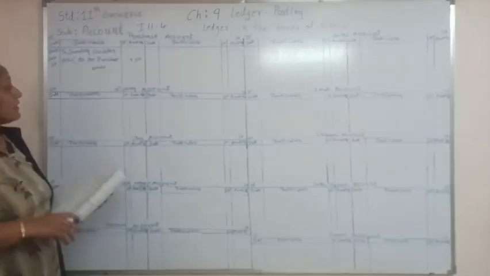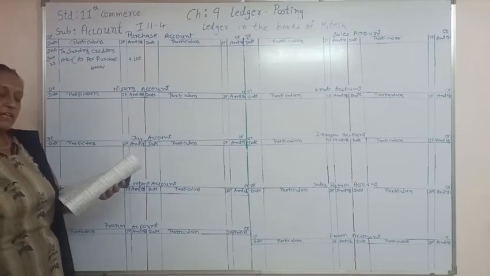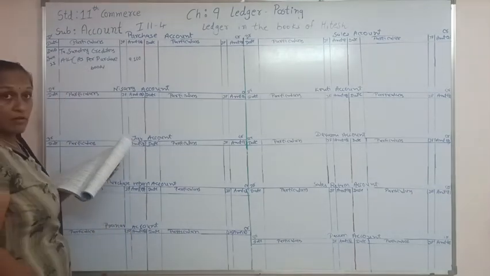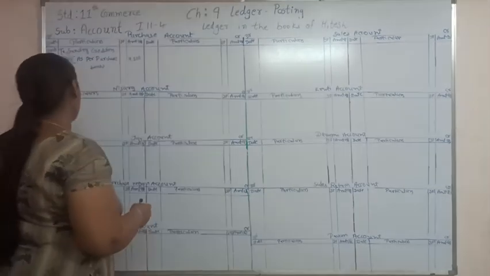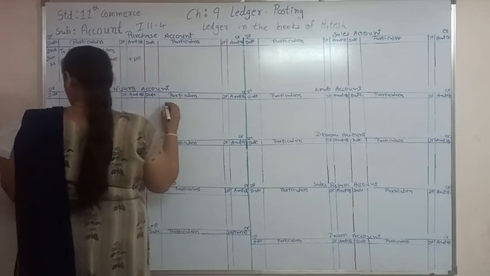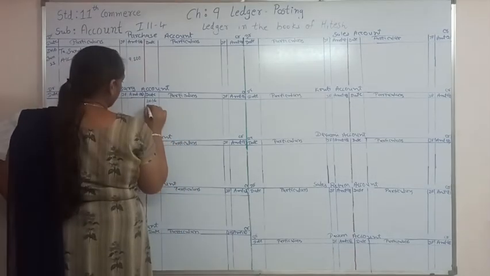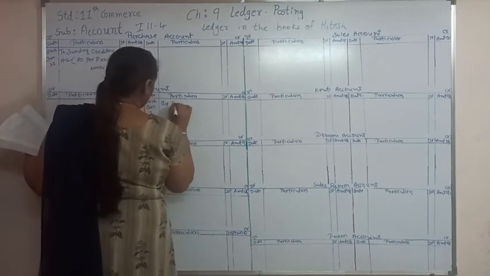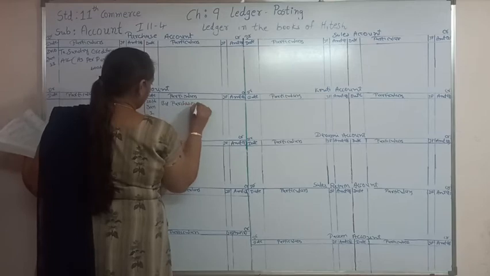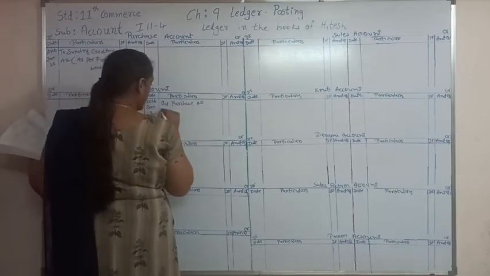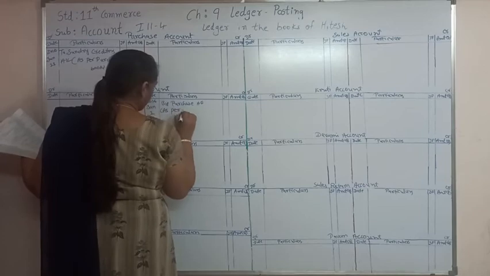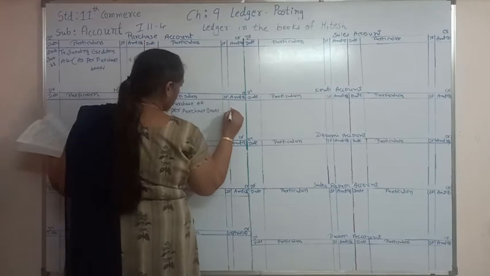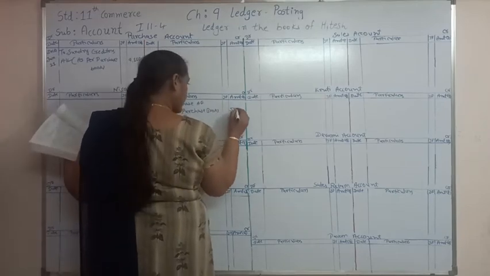Now we will make the credit effect in the respective creditors accounts. Here we have purchased goods of 5,950 from Nisarg. So on the credit side of Nisarg account, 2016 January 1st, by purchase account as per the purchase book, and the amount as we have discussed, 5,950.